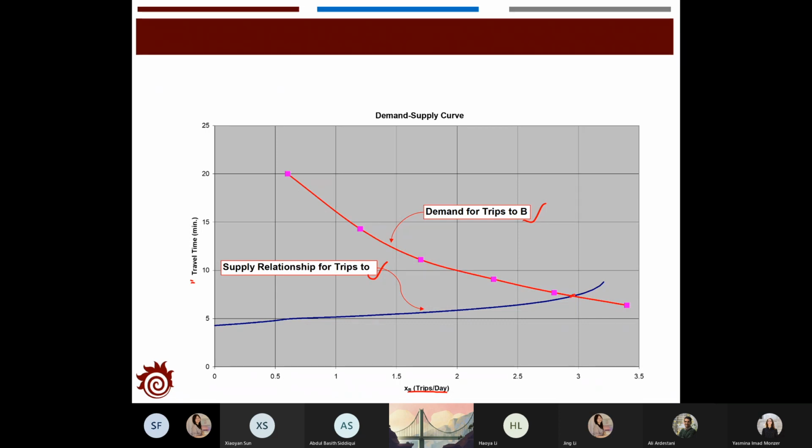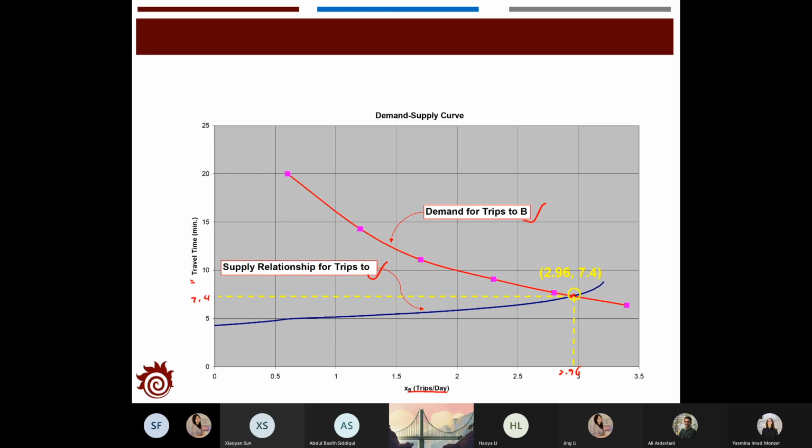And this kind of intersection is the equilibrium point between the supply and demand, and that's exactly the point we want to find. If we go to check this point, the travel time here is 7.4 minutes, and the flow here is 2.96. So that's the solution we're gonna get.